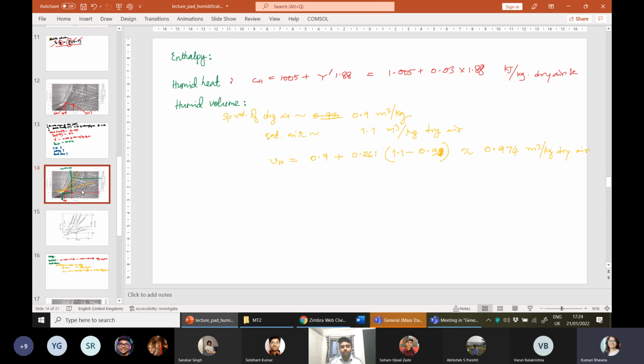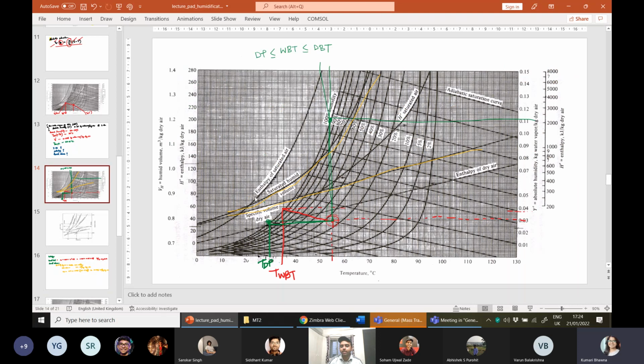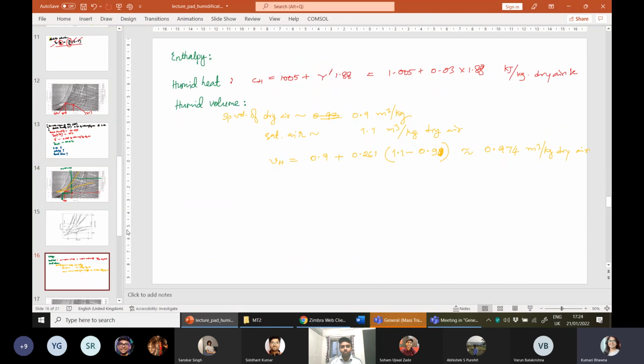Now coming to the enthalpy also, you can easily work out what should be the enthalpy values. So for the enthalpy again, we will take help of these two saturated curves and the dry curves. So we will work out what is the enthalpy value of the saturated curve, and what is the enthalpy value of the dry air, right? And then we will work out how much is the enthalpy.